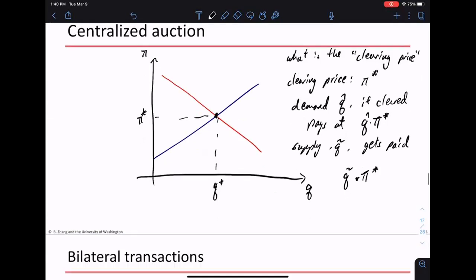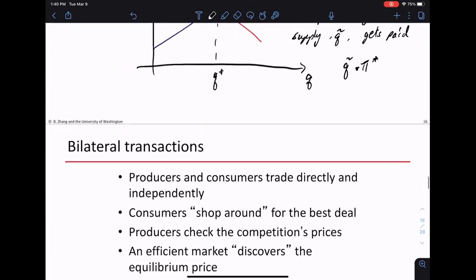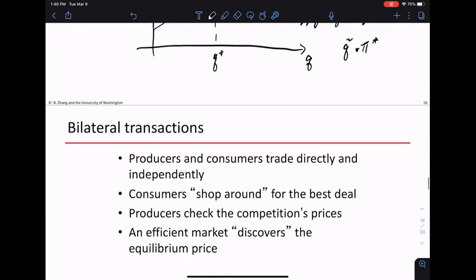If you compare this centralized auction, there is something else you can do, called bilateral transactions. Most markets we think of are bilateral transactions.